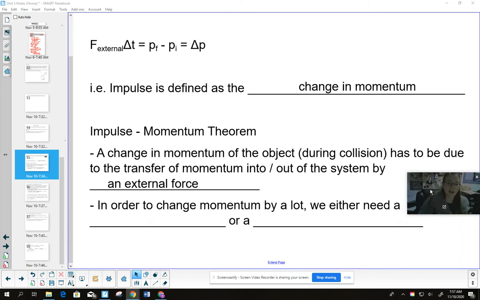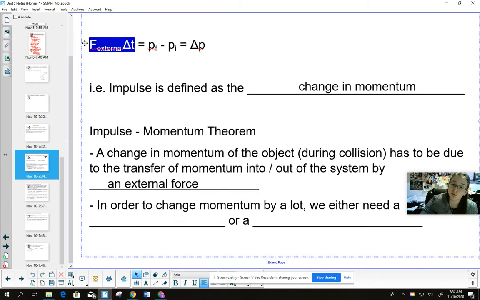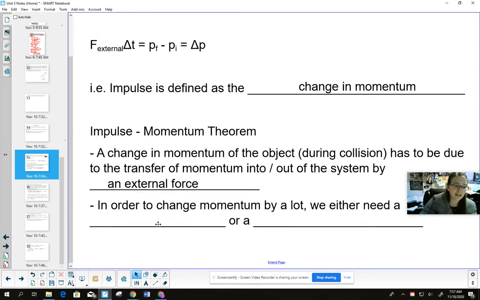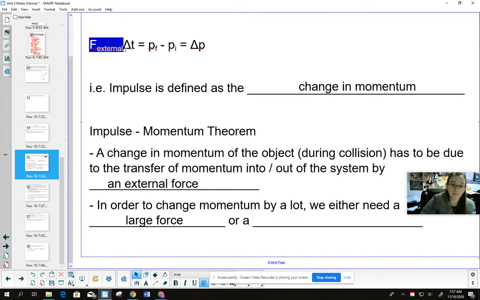So in order to change momentum, if I have a train barreling down and I want to get that train to stop, based on this formula here, you need one of two things. You either need a huge force. You need the force to be big in order to change the momentum of that train, yeah?